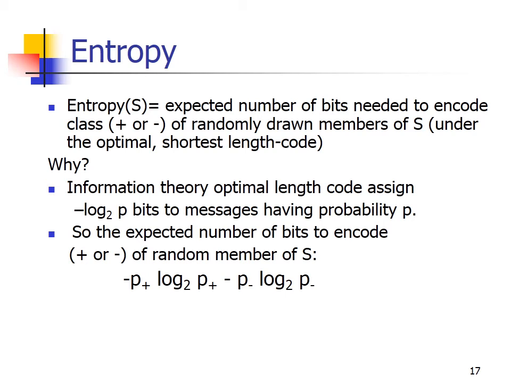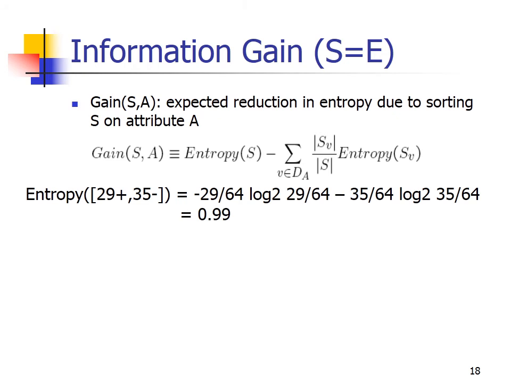Entropy of S is the expected number of bits needed to encode the class of a randomly drawn member of S under the optimal shortest length code. Why? Information theory, optimal length code. So the expected number of bits to encode a random member of S. Information is given by that formula.